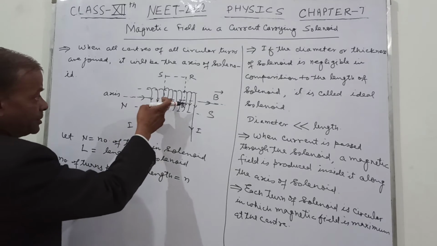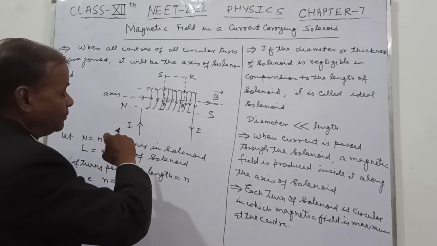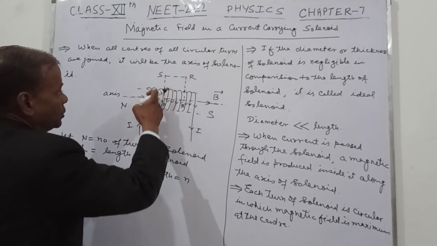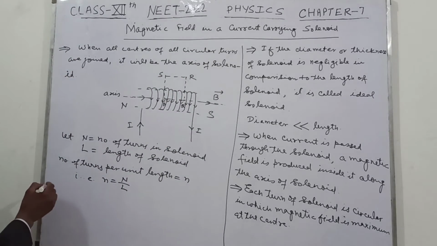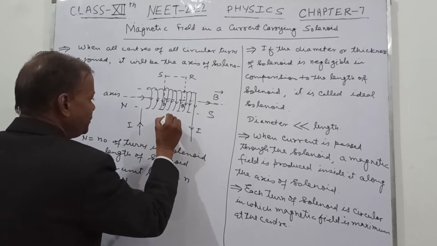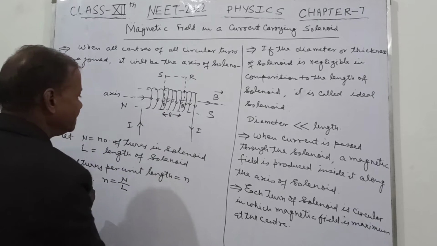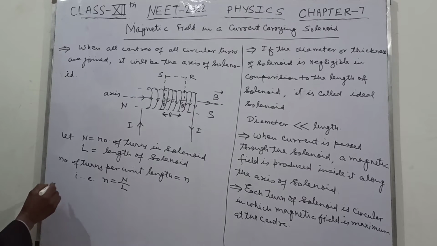So for the application of the Ampere's law, we have to assume a rectangular closed path. And let this PQ is of length l. So number of turns in length l.